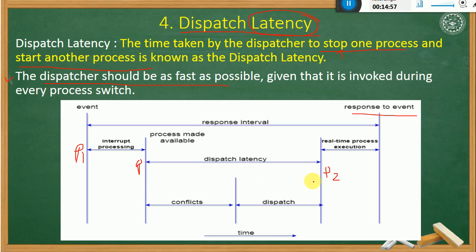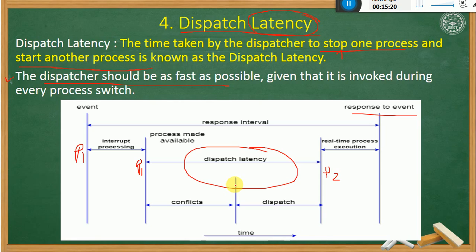The time required by the dispatcher to stop P1 and start P2, in nanoseconds, that time gap is called dispatcher latency.